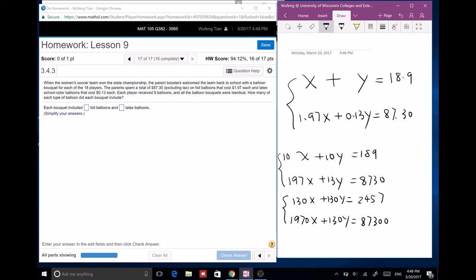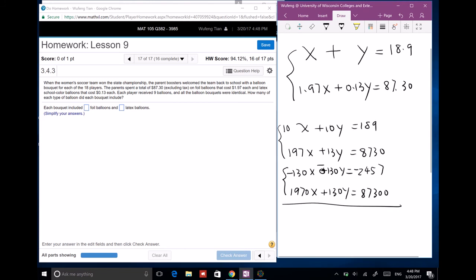Then you can multiply everything by -1, so we add them together. 1970 minus 130 equals 1840x equals 87300 minus 2457.